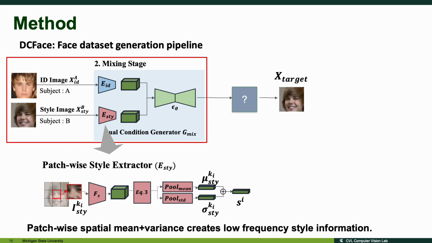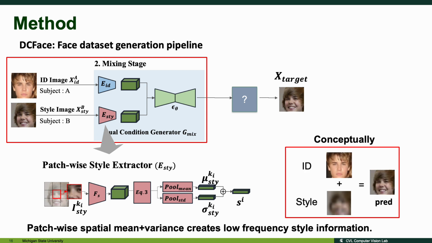To retain some spatial information, we perform spatial pooling, but at a patch level. The granularity of the patch controls the amount of information from the style branch and facilitates the balance between consistency and diversity. In essence, we are fusing the identity image with the destroyed style image to predict the target image.